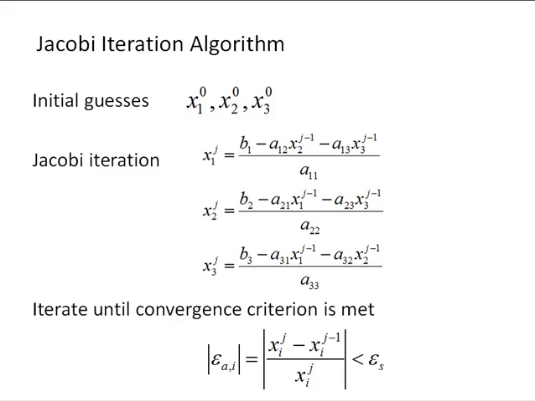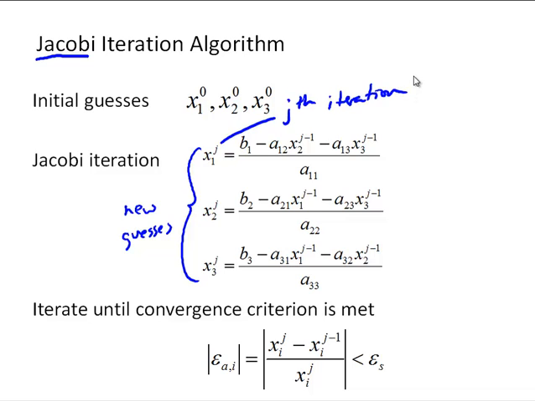So again, here's for a system of 3 equations. We call this the Jacobi iteration algorithm. We start with initial guesses, and then we will use those initial guesses in the right-hand side here to get our new guesses. And we'll keep track of which iteration we're on with the jth iteration, and just keep going, doing this calculation over and over again. Each time we do the calculation, we'll calculate an approximate relative error for each element.